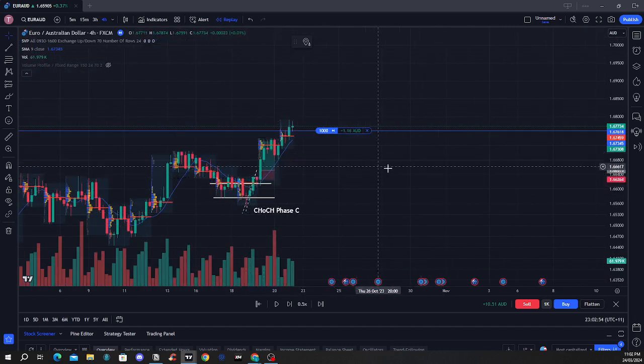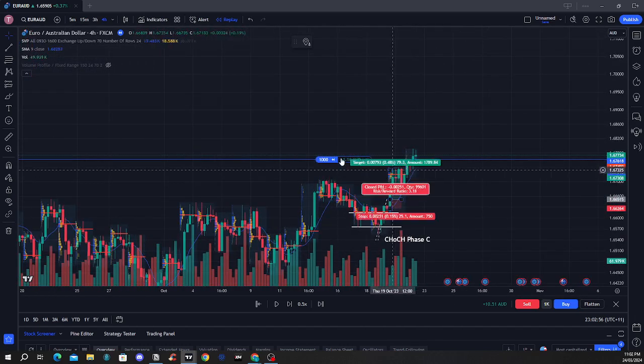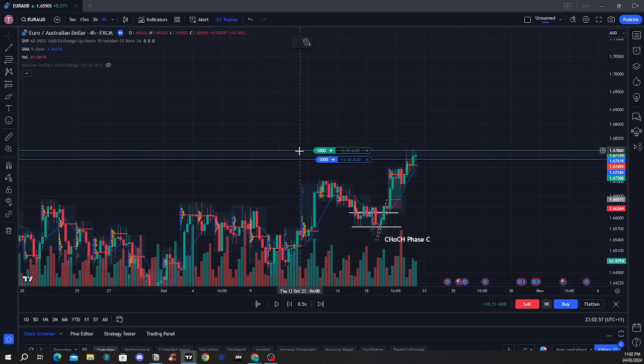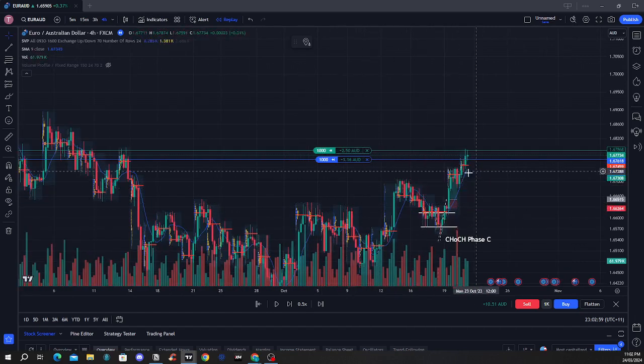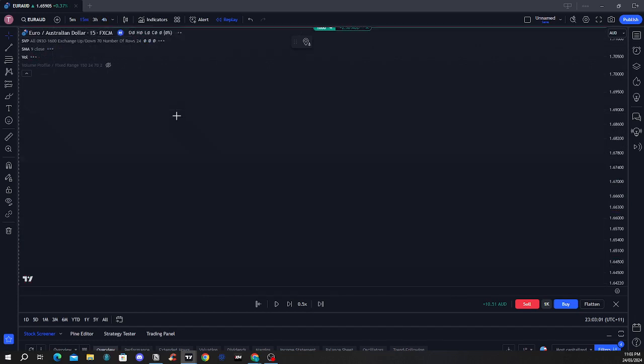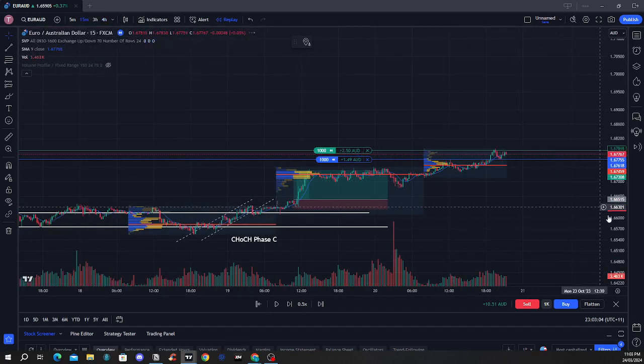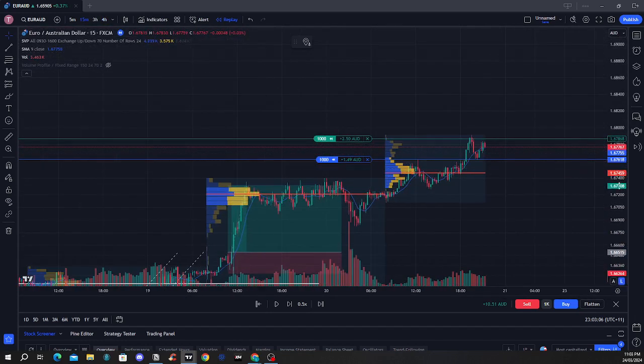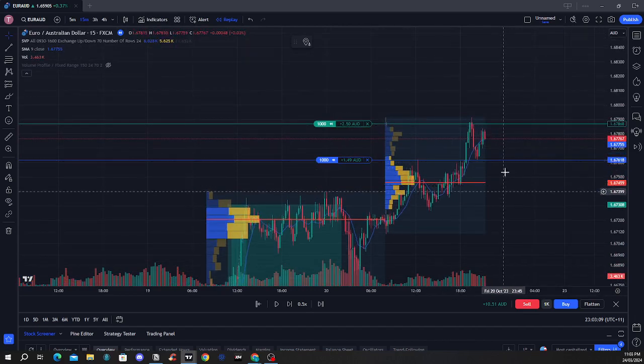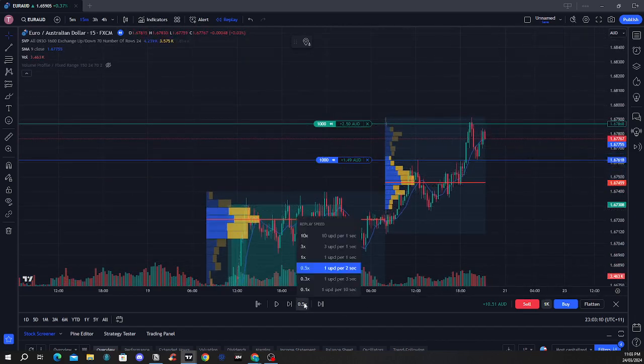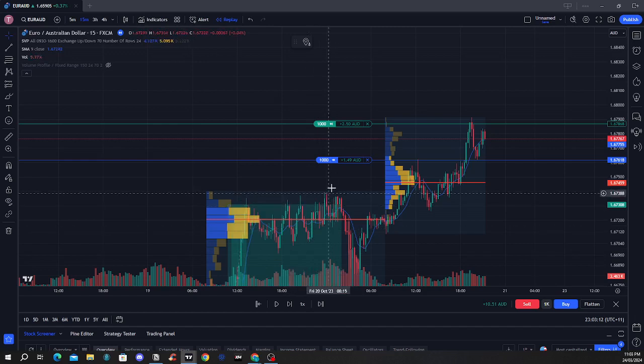So an accumulation, it's a moving average crossover. Put my TP in there. Just traded the breakout here after quickly noticing that was a breakout. So let me just let this run for a second.